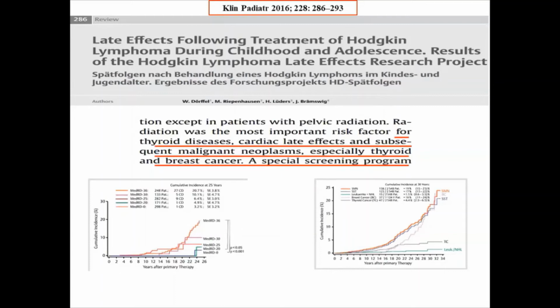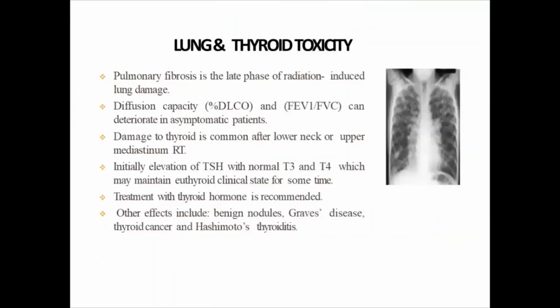However, unfortunately, severe treatment late effects have been observed. Radiation was the most important risk factor for thyroid diseases, cardiac late effects, and subsequent malignant neoplasms, especially thyroid and breast cancer. So a special screening program was initiated for women with chest radiation since they had a high risk of breast cancer already at a younger age.